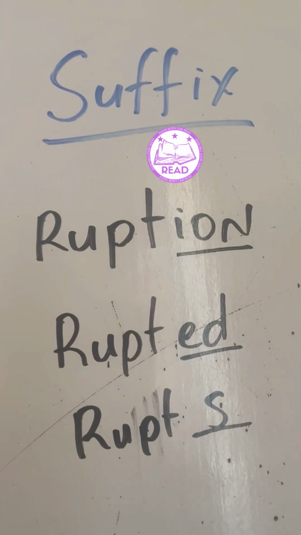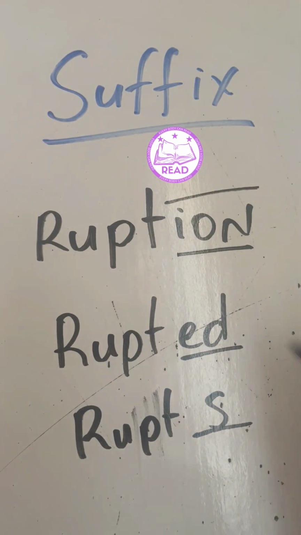Now, this part is the next part that we need to understand. We have the base word and we have a suffix. We talked about the prefix not too long, but the suffix is what I really want to focus on. But I did have to tell you all of that so that I could come to that part now. So, you see this ion, right? That is a suffix. You see this ed, right? That is a suffix.